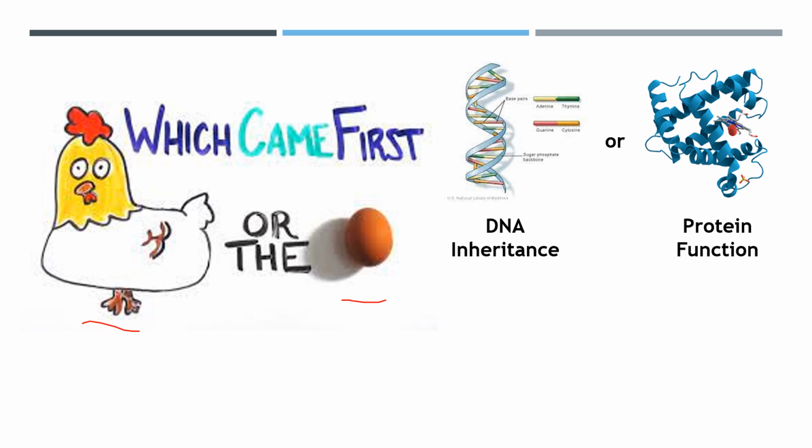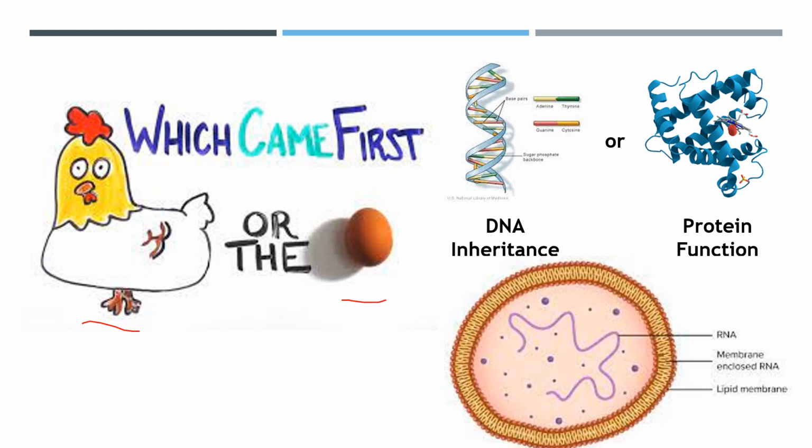It is not a simple answer. We tried to show you different lines of evidence and to think that not only the DNA and the proteins were important, but also the RNA, and also the presence of membranes are very important. We will talk more about that during the semester.